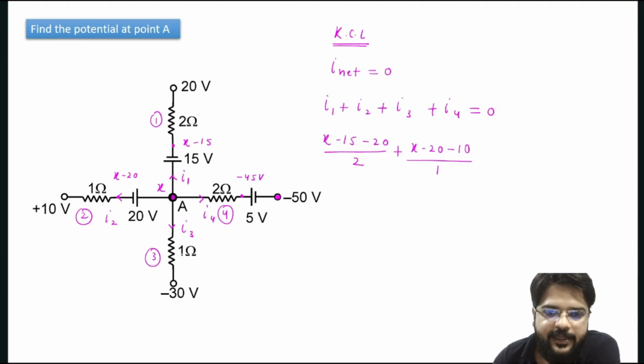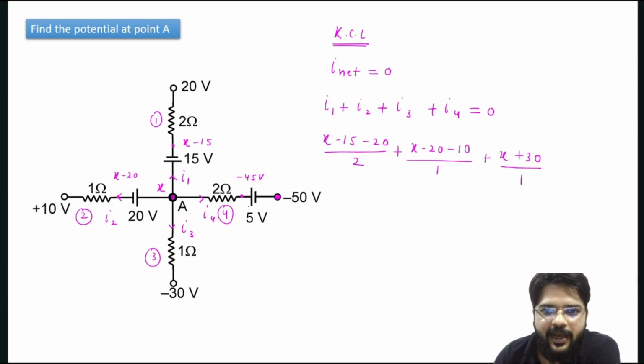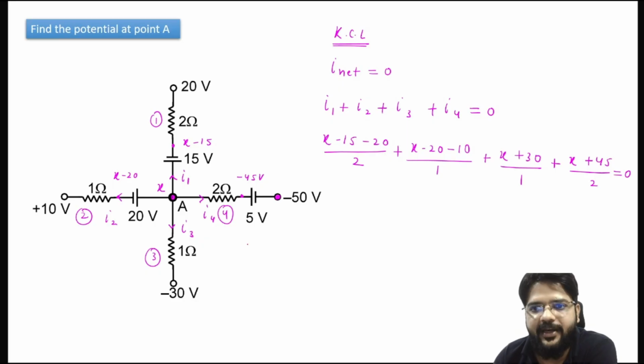Now I3 current is passing through this 1 ohm. So the potential difference across this 1 ohm can be written as X minus minus 30, so it is plus 30 divided by 1. Now I4 can be written as X minus 45, so it is plus 45 divided by 2, equal to 0. All right, this is what we are getting.